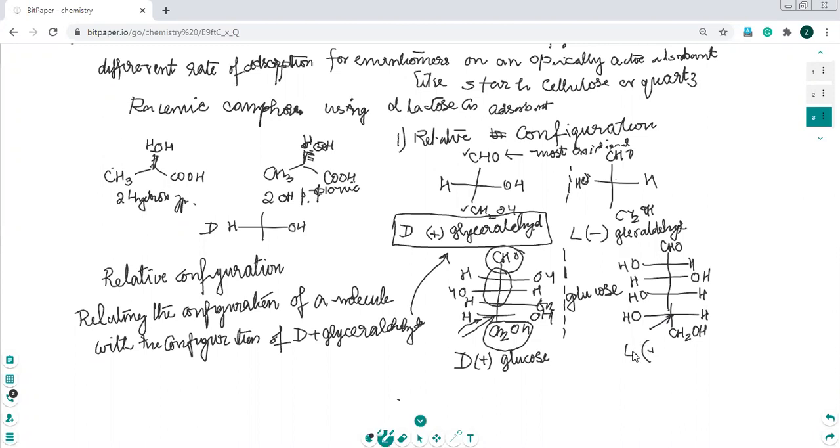And definitely this is going to have negative rotation, because this is the exact mirror image of this, which is non-superimposable. Therefore, this compound is L minus glucose. Is that clear to you? So this is what is meant by relative configuration.